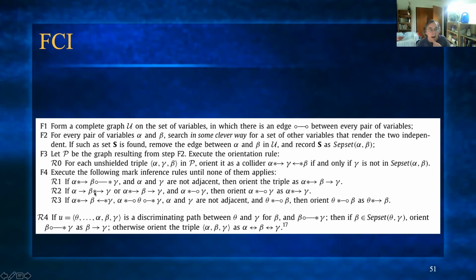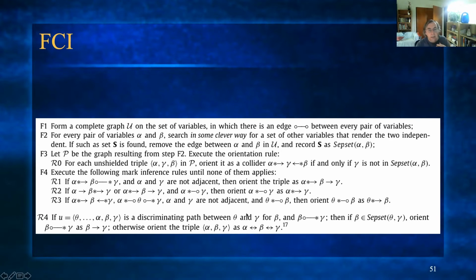Similarly here, if I ever see this situation while constructing my graph, and I have an edge where there's a circle at gamma, I want to put a tail there. So that's like orienting away from cycles. It's analogous to orienting away from cycles that we did in PC.